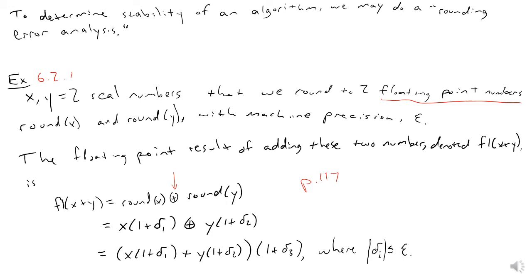So there they say that a plus b, this is addition using floating point arithmetic. A plus b equals a plus b, the exact answer, times 1 plus delta.